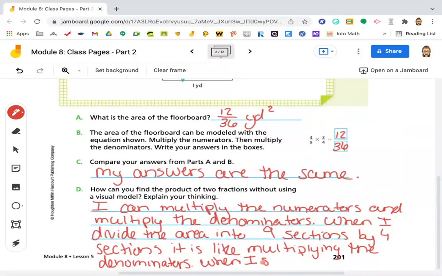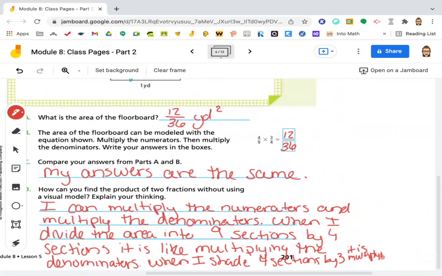When I shade 4 sections by 3, it is multiplying the numerators.